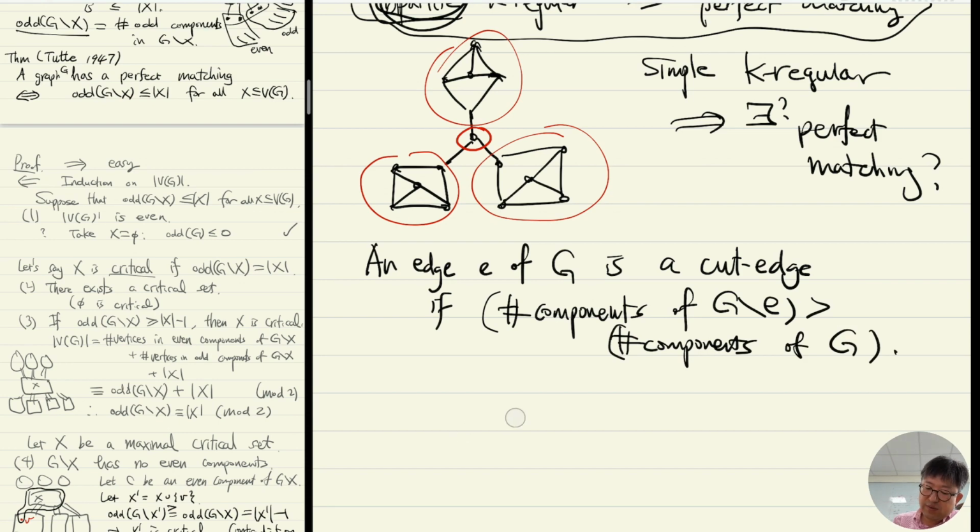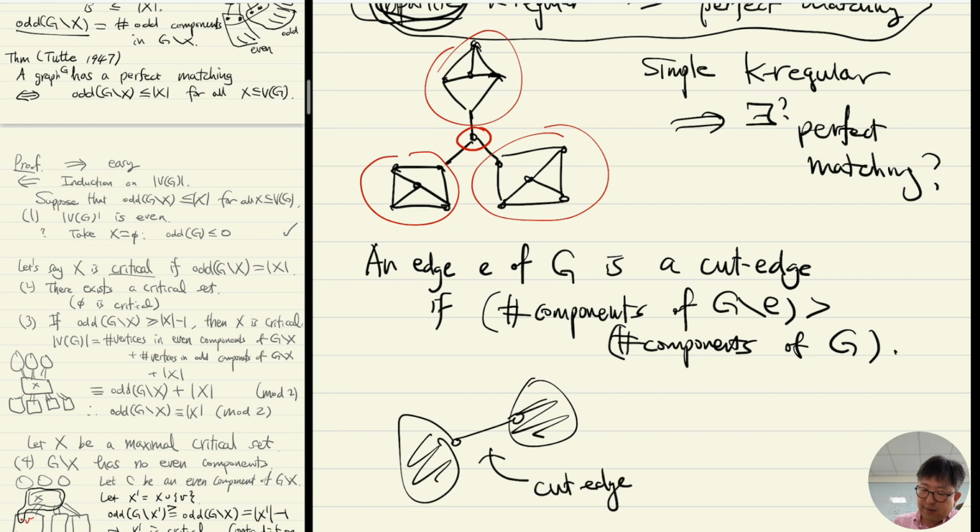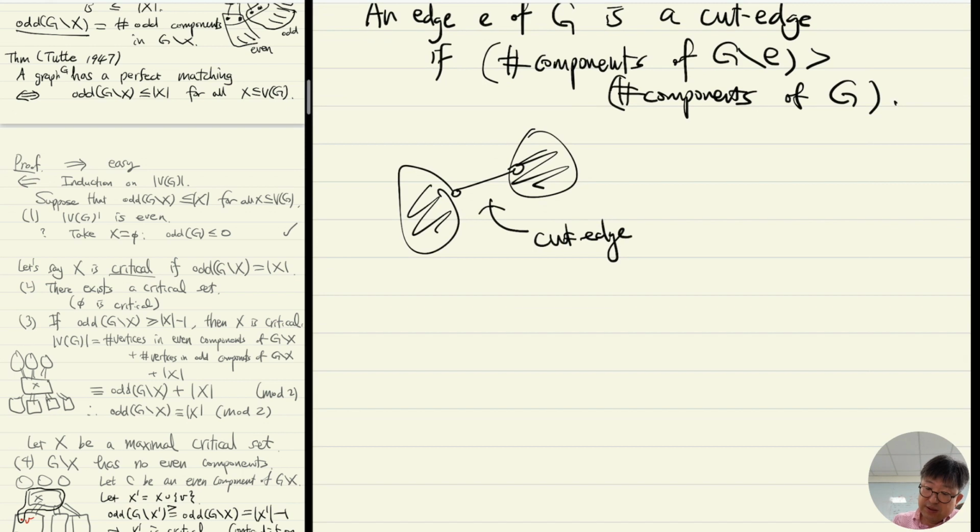So if you do have something like this, then this is a cut edge. And the next lemma, the corollary, shows that these cut edges are the main reasons why this graph doesn't have a perfect matching. So here's the corollary.